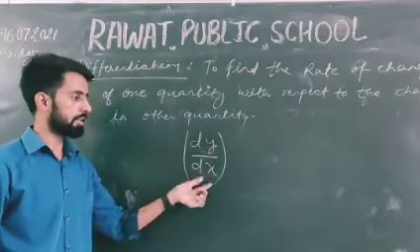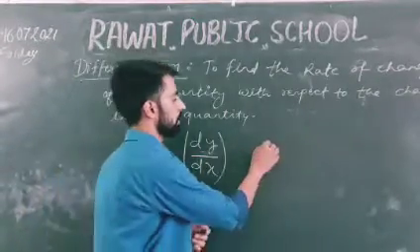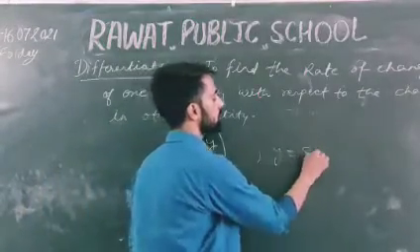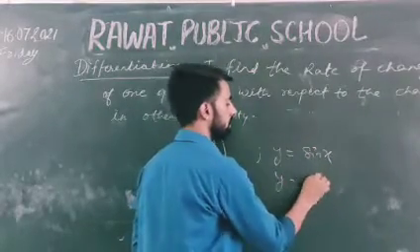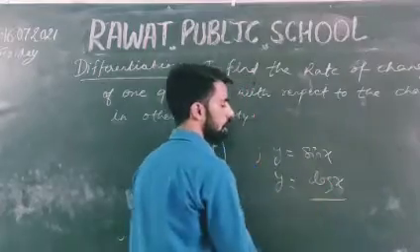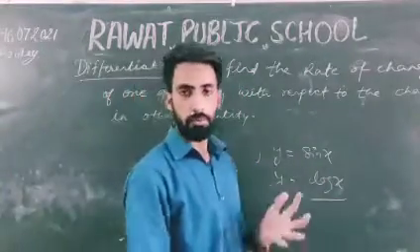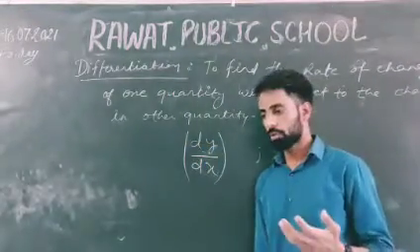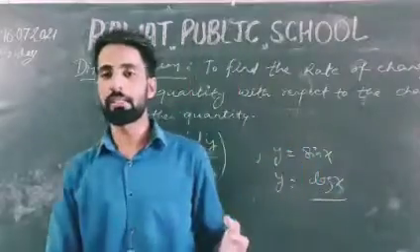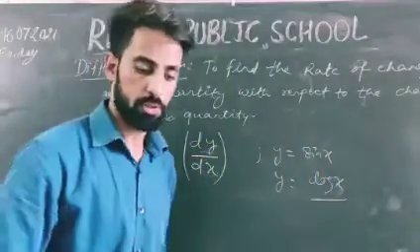Here y can be any function in terms of x, like sin x, any trigonometric function, any logarithmic function, or any other function. There are 5 types of functions that we need to differentiate, and I'll tell you today in this video what changes come on those functions if we differentiate them.